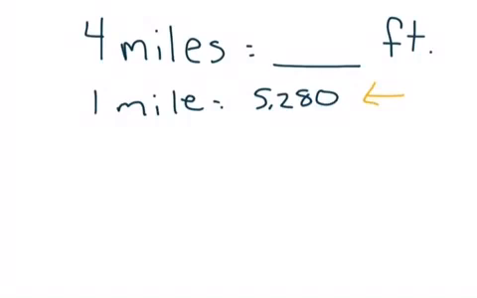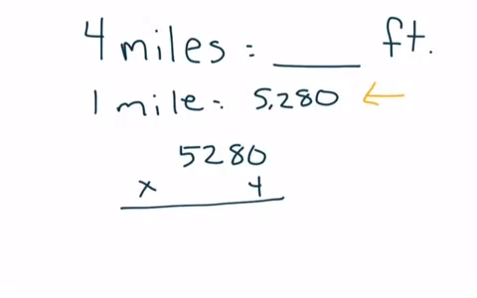So if I know that there are 5,280 feet in 1 mile, then in 4 miles, it's going to be 4 groups of that. So 5,280 times 4. Because every single mile has 5,280 feet. So 4 miles, just multiply.